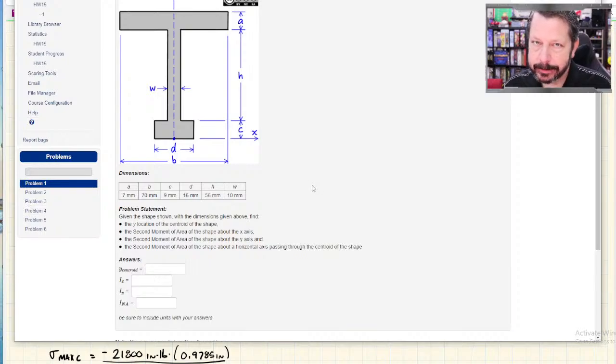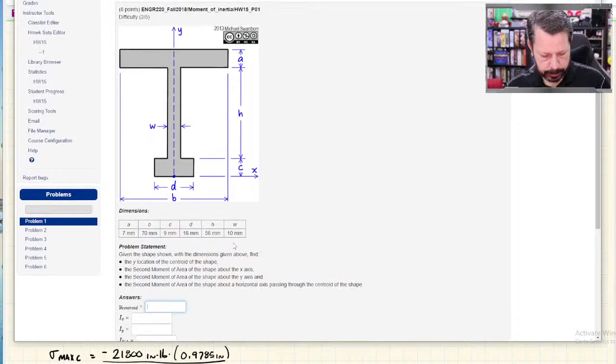So we're going to cheat a little bit because we're not going to do the centroid. I'm just going to look up the centroid here because it gives it to us. But then we can do some of these other. Second moment of area is moment of inertia. And then it wants to know about the X that's given. It wants to know the Y that's given. And the neutral axis. So we can do some of those.